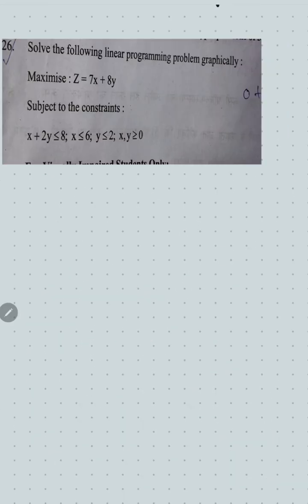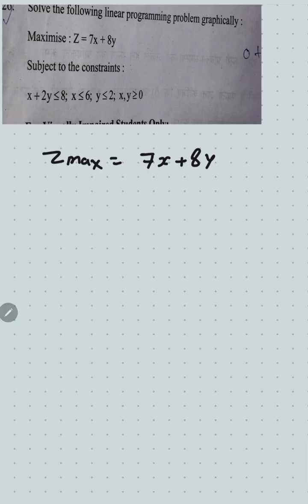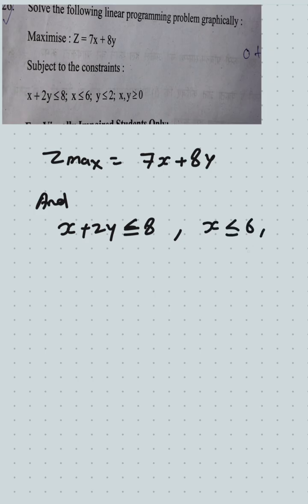Next question is given for this LPP problem: Z maximum is equal to 7x plus 8y, and the first condition given is x plus 2y is less than or equal to 8, x less than or equal to 6 and y less than or equal to 2, and x and y are greater than 0.